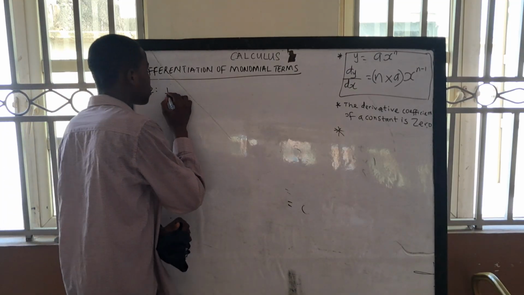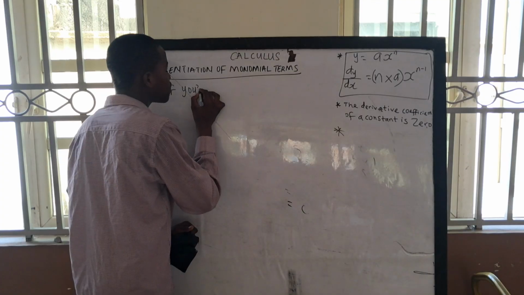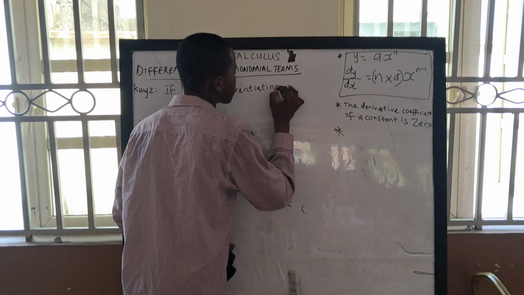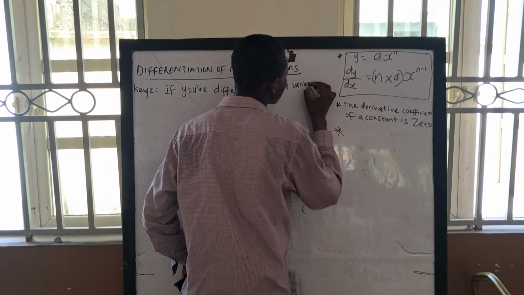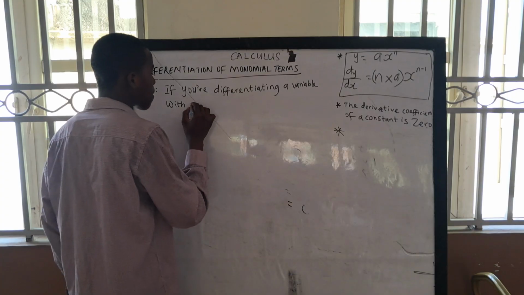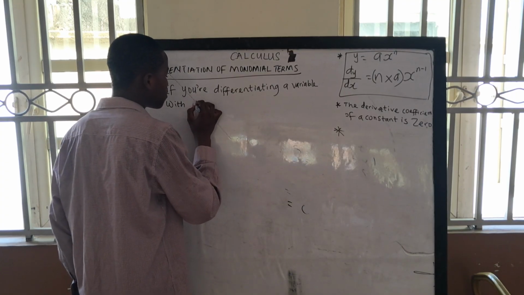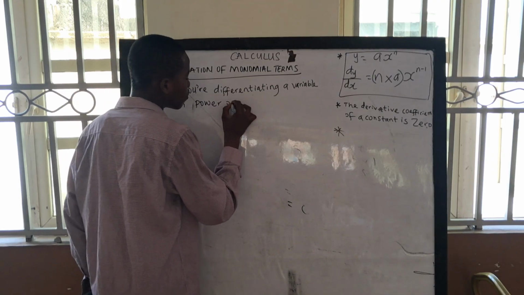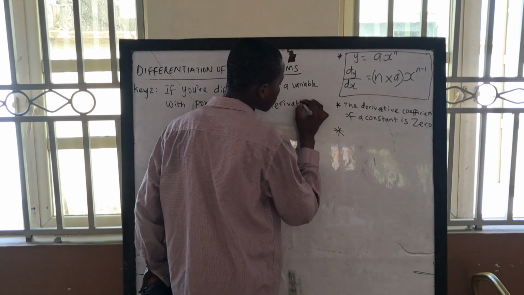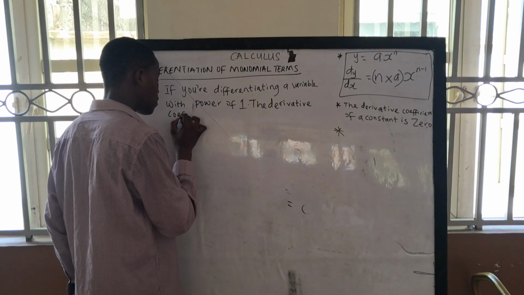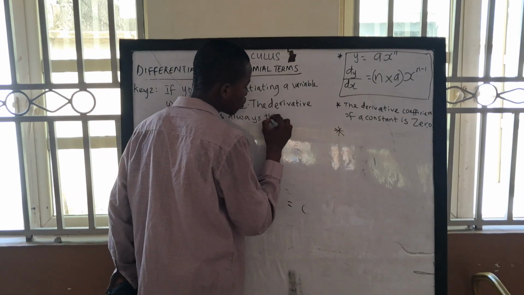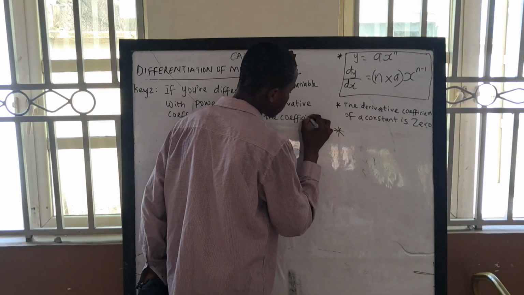If you are differentiating a variable with power of 1, the derivative coefficient is always the coefficient of the variable.